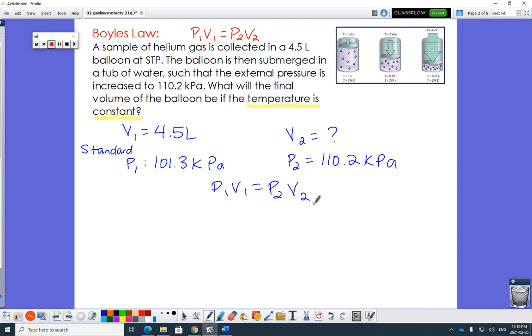So again, you're going to decide, do you want to rearrange the variables using the formula? Do you want to plug numbers in and then rearrange? Doesn't really matter. You don't need to keep units throughout your calculations. However, you must have units in your answer.